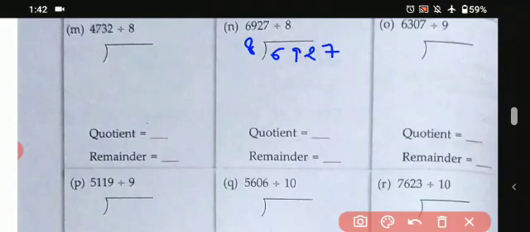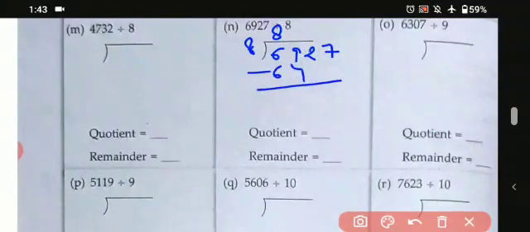That becomes 69. So we have to find 69 in the 8 table. In the 8 table, 69 does not come. So which multiple comes? The smaller one, that is 64. How many times? 8 times. 8 8s are 64. So we'll be writing here 8, and that is 64.